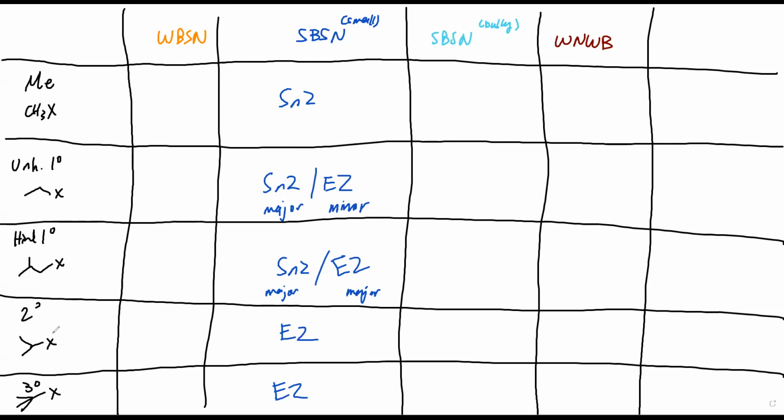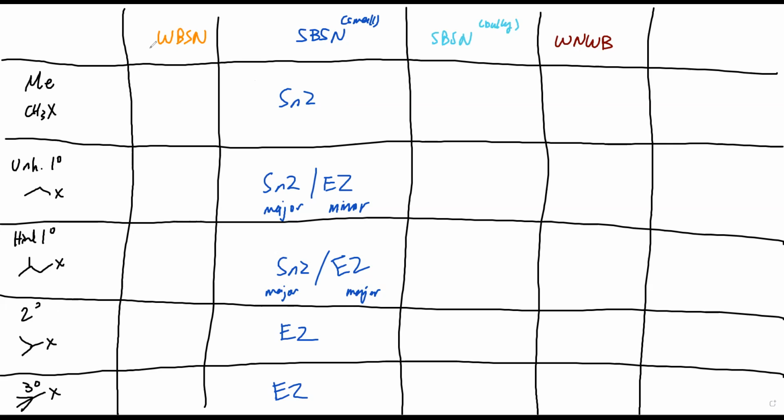I guess you could say SN2 is minor in secondary, but it's such a small percentage it wouldn't be worth considering. You wouldn't really say that a secondary halide has an SN2 answer if we use a strongly basic nucleophile.